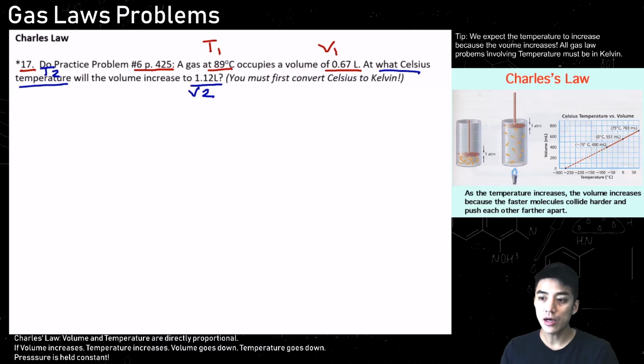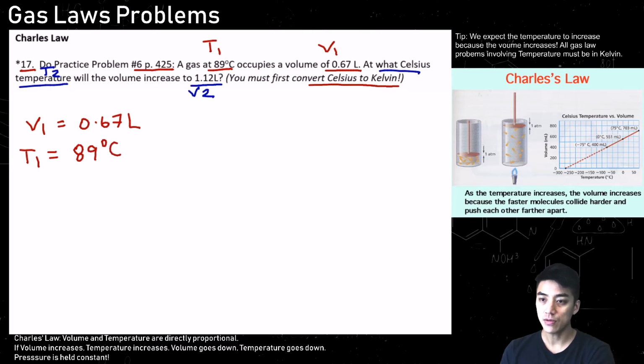And now let's write down our variables nice and neat so that we stay organized for the entire problem. V1 is equal to 0.67 liters. T1 is 89 degrees Celsius, but there's a quick change we have to make. We have to convert Celsius to Kelvin for all gas law problems involving temperature, and the way that we do that is we add 273.